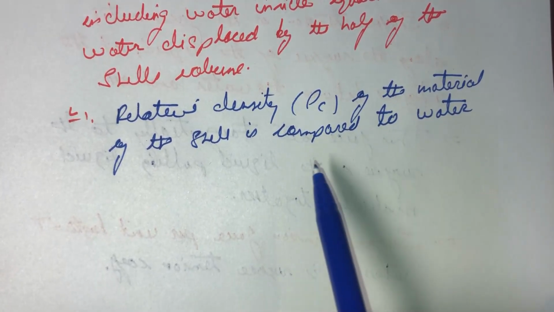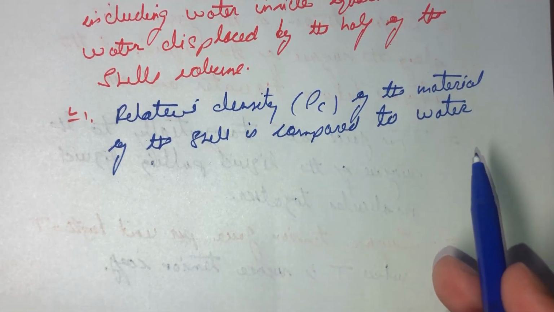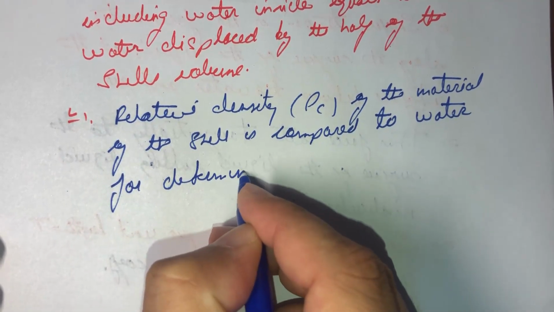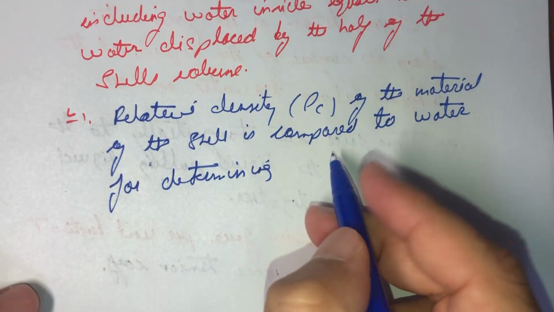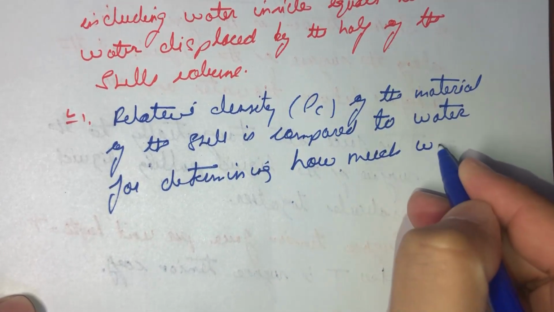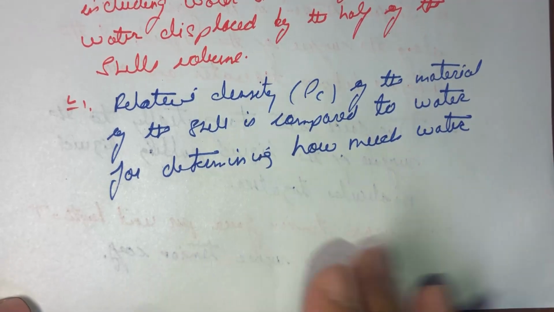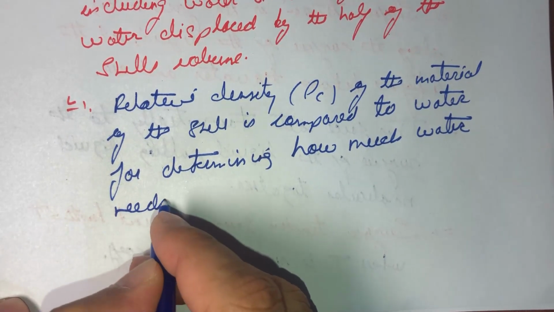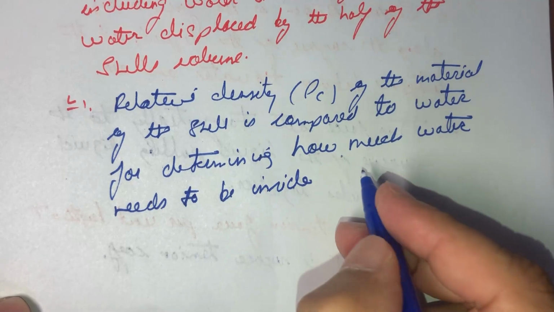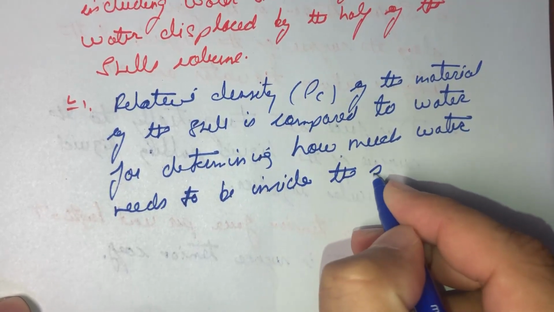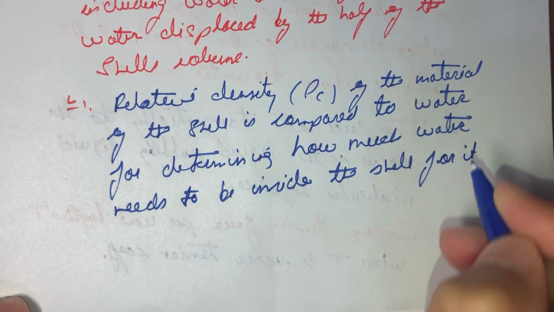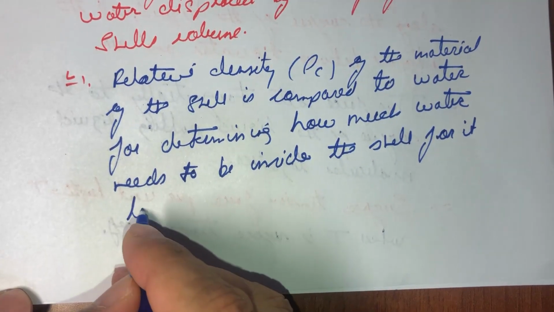So this relative density is compared to water for determining how much water needs to be inside the shell for it to achieve equilibrium.